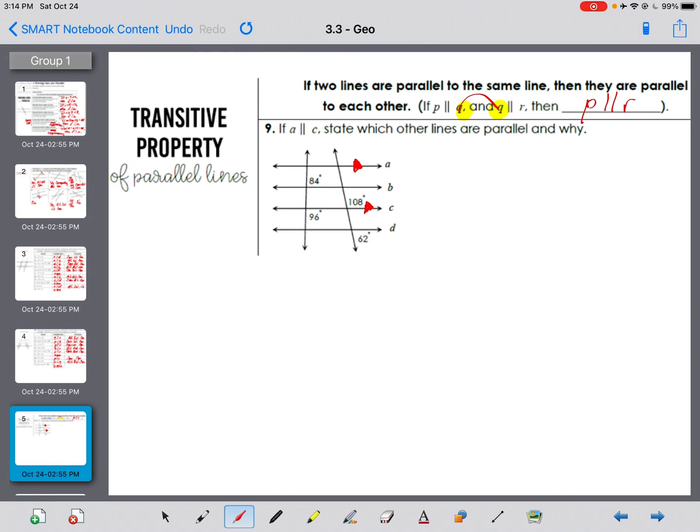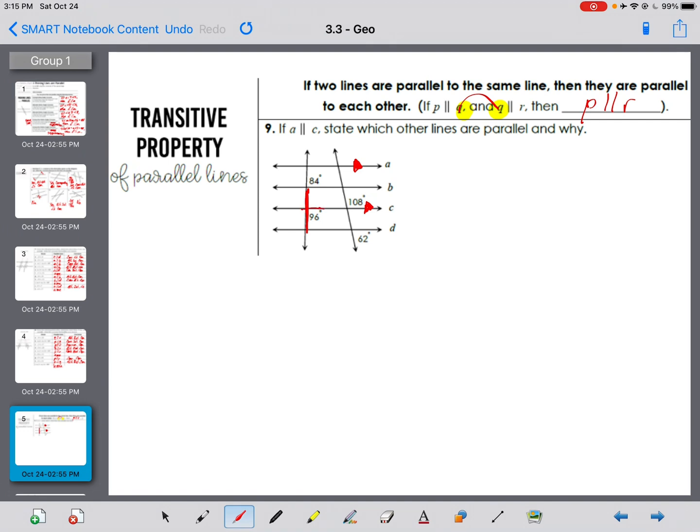Okay. Says that's 84 degrees. It's 84. That's 96.